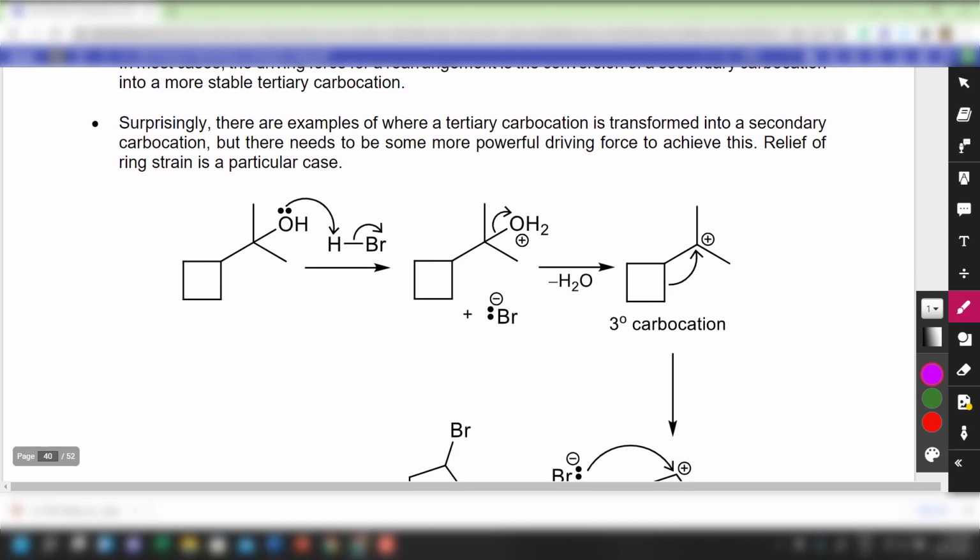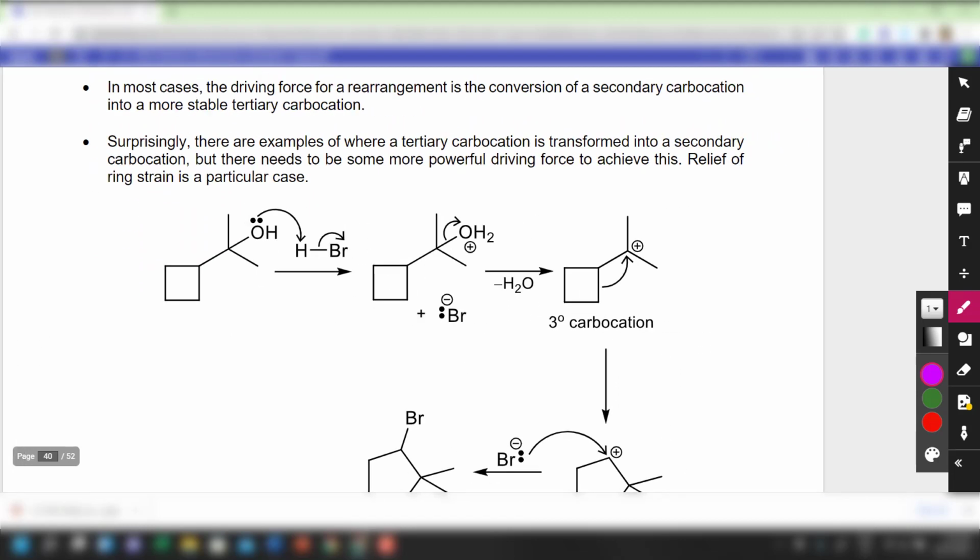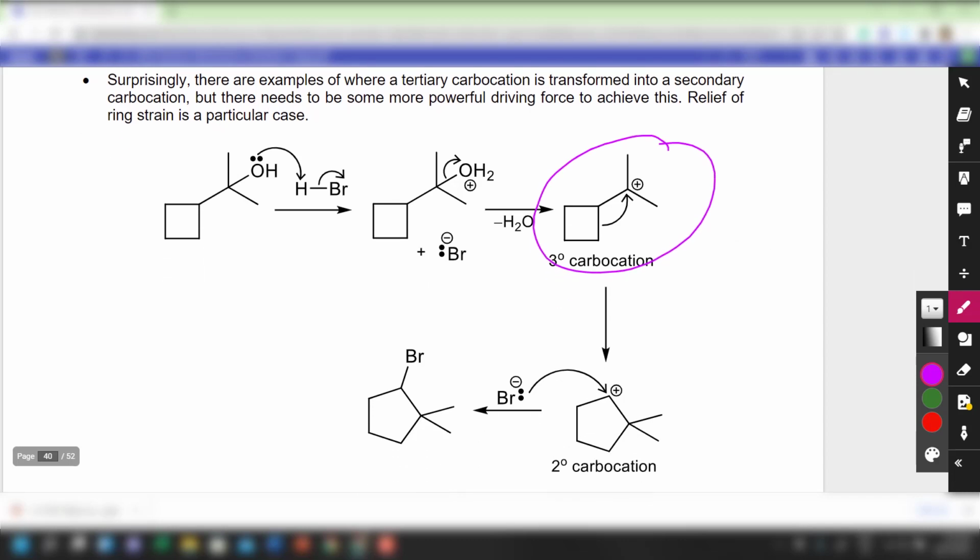Okay, and sometimes a tertiary carbocation need not be formed exclusively. So for example, in this case, this is a tertiary carbocation. But the alkyl shift can take place, which leads to the formation of a less stable secondary carbocation. But this need not be so-called less stable, because the tertiary carbocation above has a 4-membered ring, which has greater steric demand as compared to a 5-membered ring.